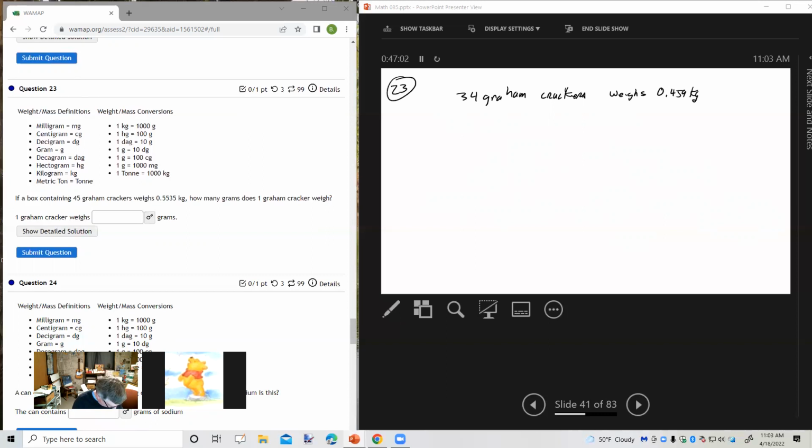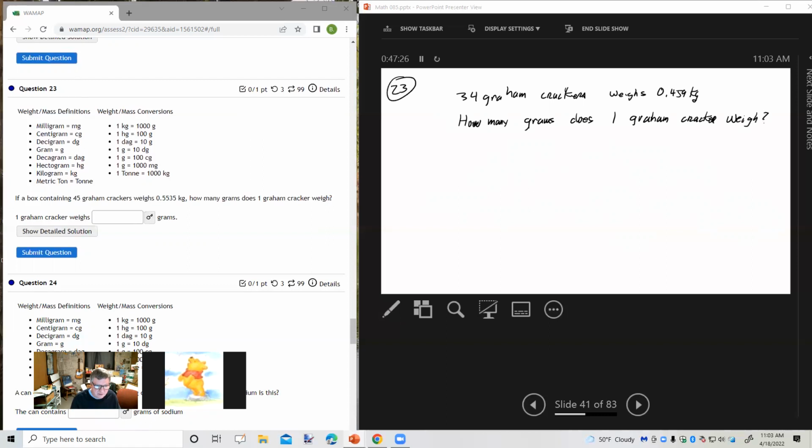How many grams does 1 graham cracker weigh?